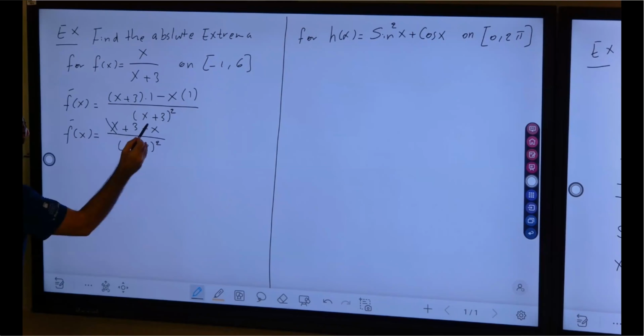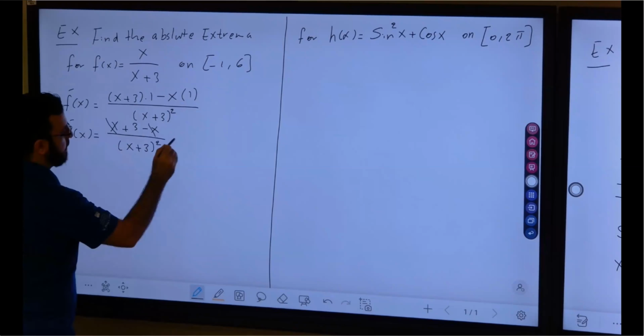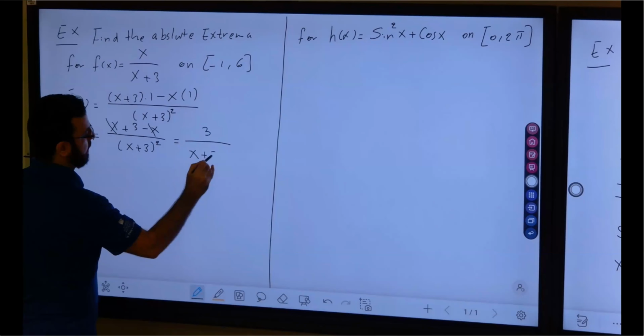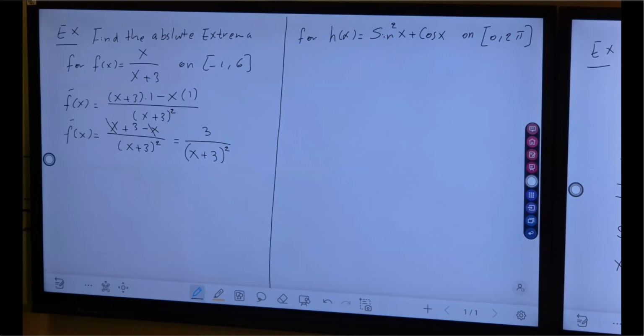Cancel the x with the x. So what's left? 3 over x plus 3 squared. This is the derivative. Now we're going to take the derivative and set it equal to 0. So 3 over x plus 3 squared equals 0. What's the next step?